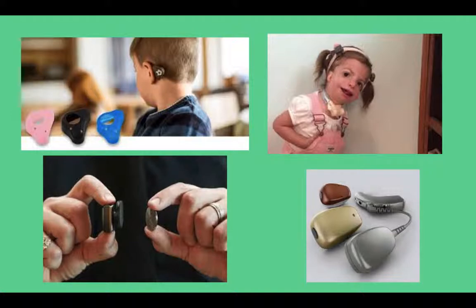And then there is the child up on the right with bilateral bone conduction devices attached to a soft band, which matches her cute little overalls. And then just on the bottom is just some different power types of bone conduction devices in different grades of power.